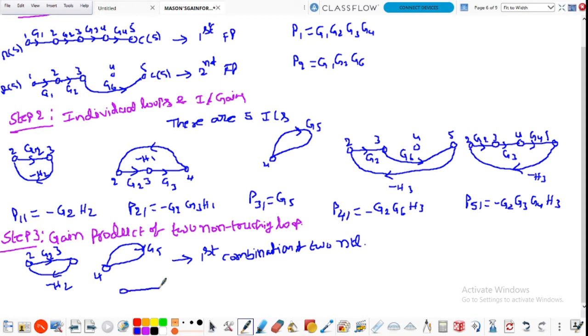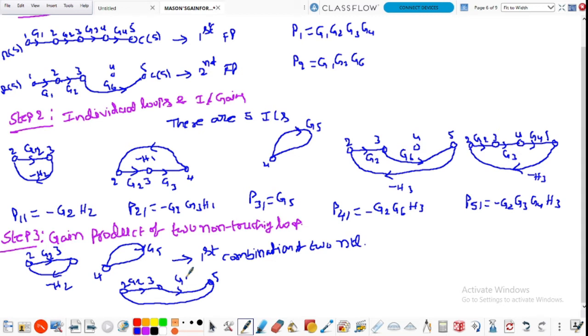2 to 3, 3 to 5, and 5 to 2, and this gain is G2, this gain is G6, and this gain is minus H3, and this is one loop, and another loop is the node 4, and this gain is G5.